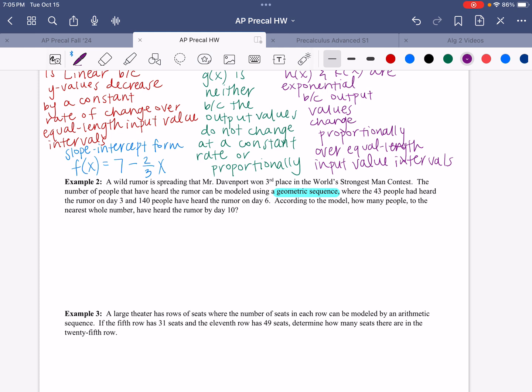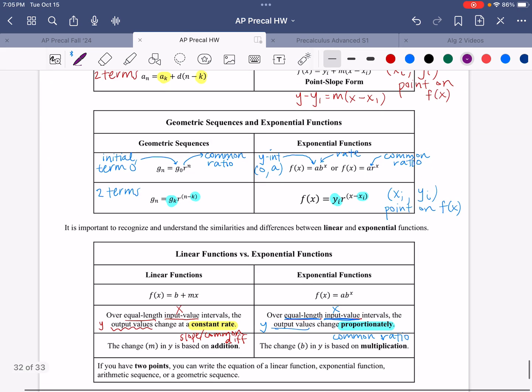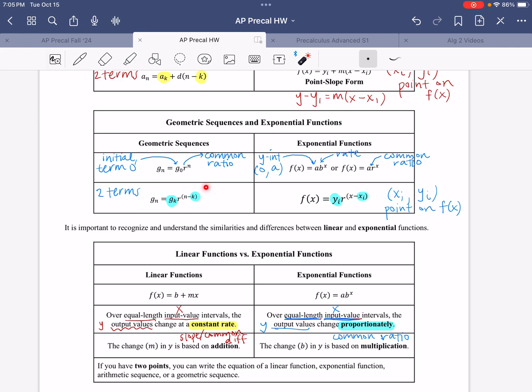We could say on day 3 we have 43 people. On day 6, there are 140 people that have heard this rumor. It's geometric. We don't know the initial amount.